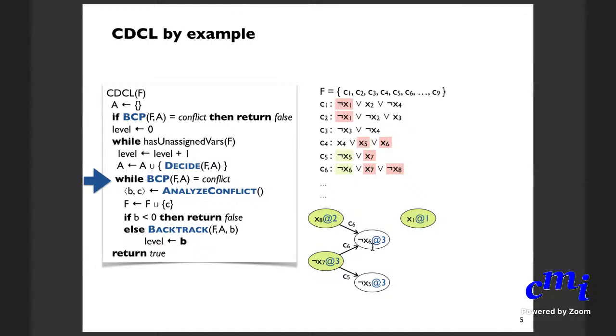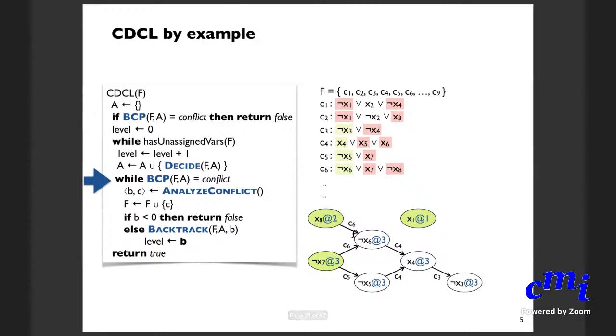For example, here not X6 is generated at level 3 because of these two decisions made inside the clause C6, and that's how you keep track of the generation of unit literals.